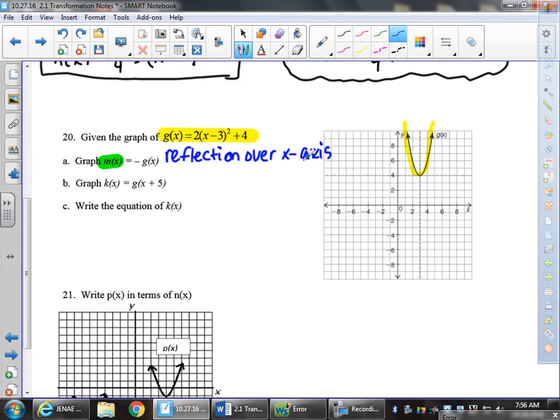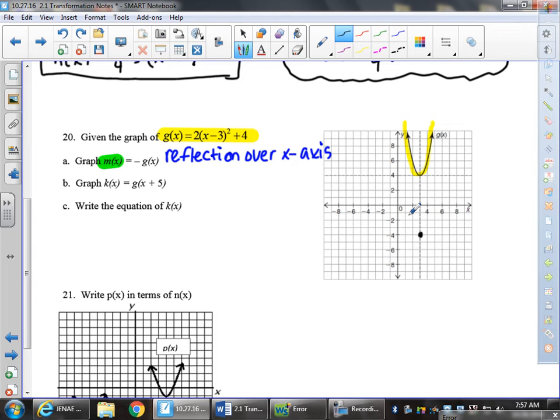What's that going to look like? Not just the same, but upside down. Well, what's the distance from here to here? 4. So my vertex, instead of counting up 4, we're going to count down 4. 1, 2, 3, 4.